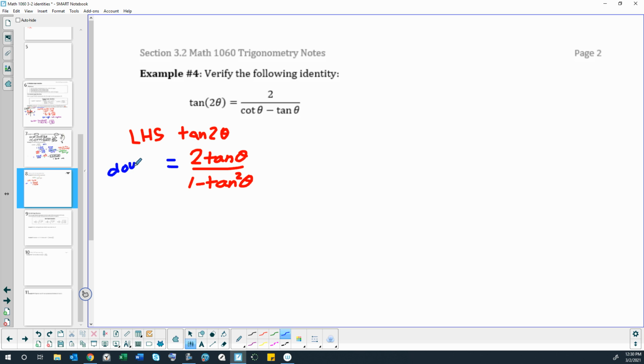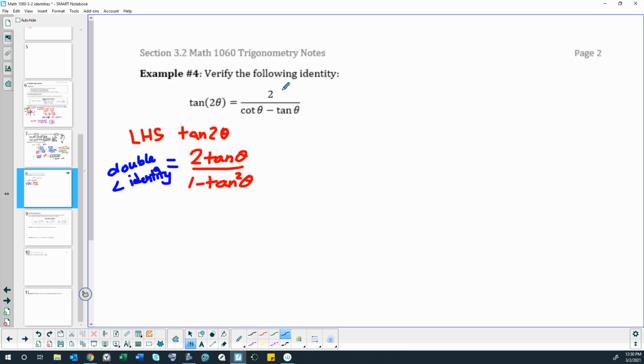So double angle identity. If you want to, explain as you go along what you're doing. It's helpful to you if you have to go back and look at it later, or helpful to whoever might be grading a test or something that you've done.